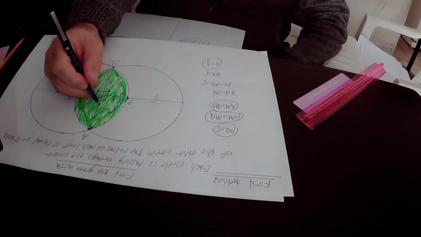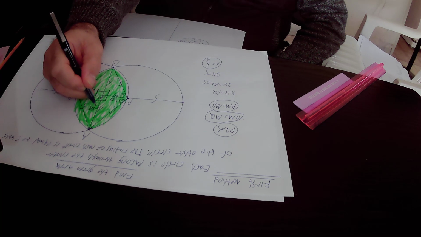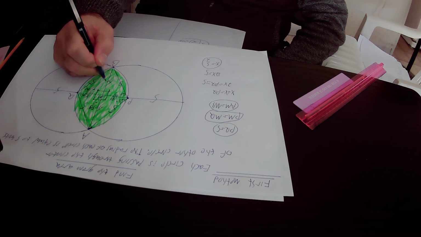So here h equals 5 times square root of 3 over 2, and here also h equals 5 times square root of 3 over 2.